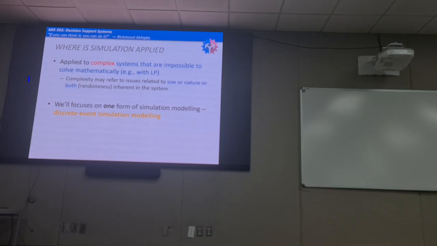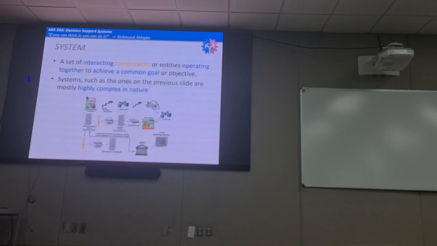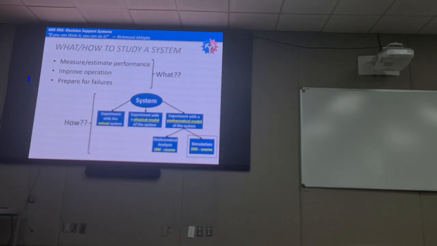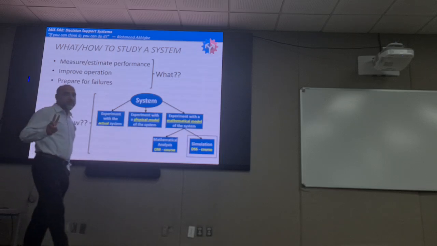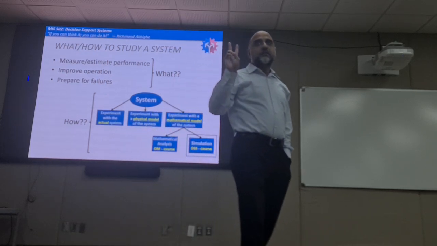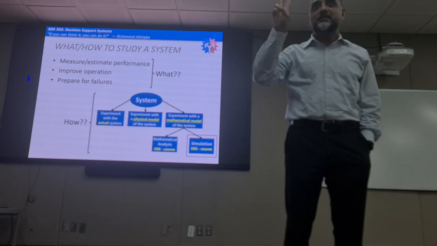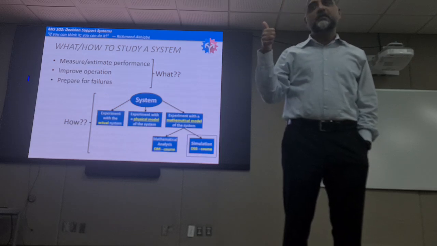The type of simulation that we use is called discrete event simulation, which is applicable in solving so many problems where queues appear. There are different ways to deal with problems. What are the two objectives that typically you deal with when it comes to queuing? Even in projects you have two objectives. Number one, performance measure.